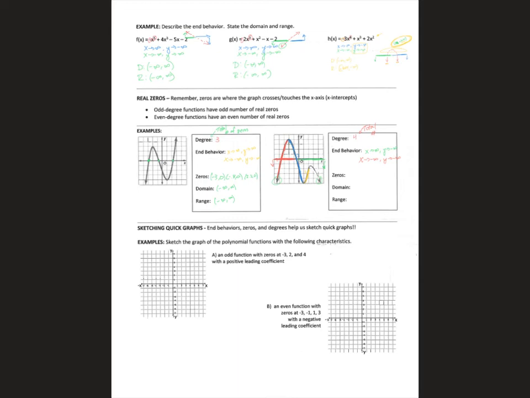How many different real zeros do I have? Well, I have 2 real zeros because the graph crosses the x-axis twice. But I have 4 total zeros. So since it only crosses the x-axis twice, how many imaginary zeros do I have?